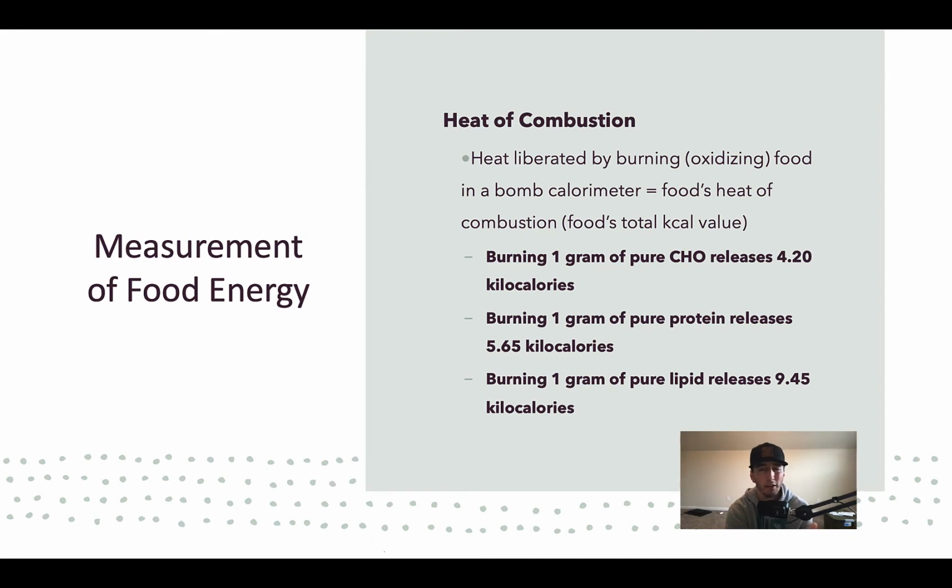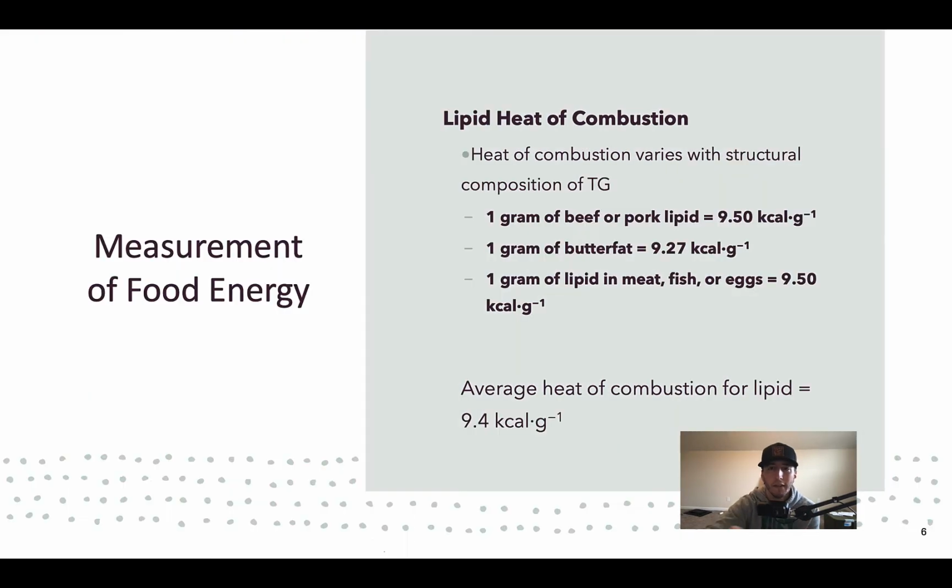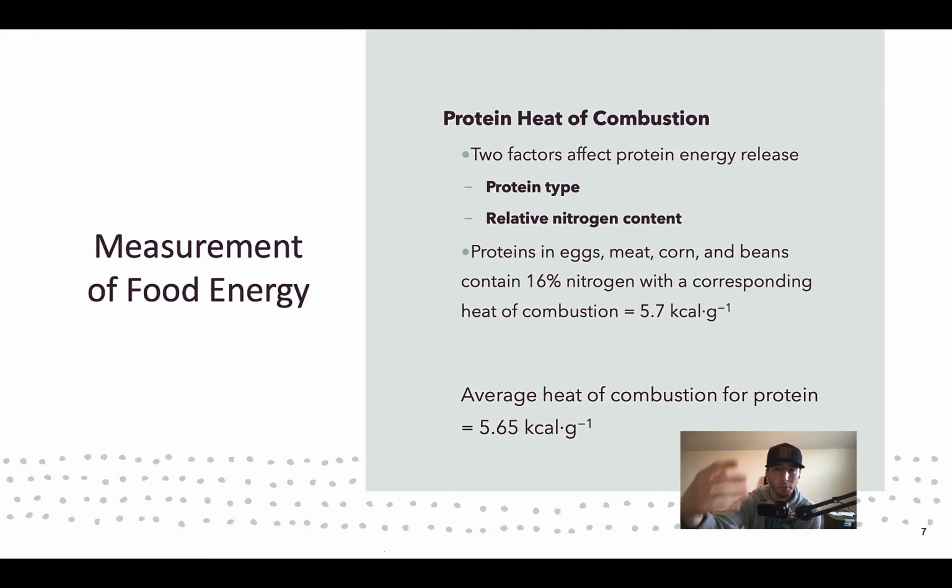Carbs is pretty accurate, but protein is pretty different than what we would normally expect to see. So the heat of combustion is a little bit different for carbohydrates than it is for lipid, than it is for protein, right? I don't want you guys to get into the minutia of this. Just view it from a 30,000 foot view. The major reason why there is a dramatic difference is with protein, right?